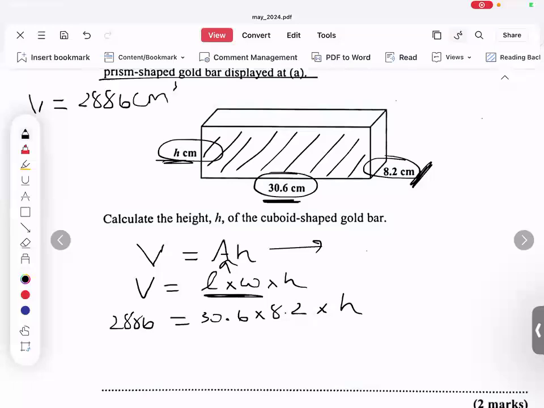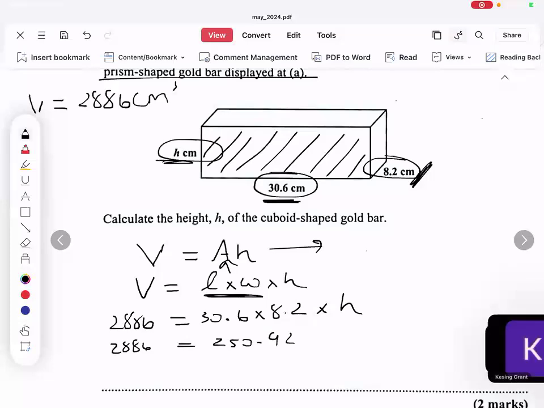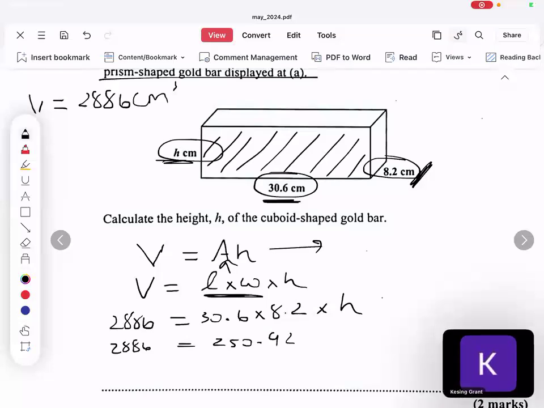So go ahead, guys, and multiply 30.6 times 8.2. That gives 250.92, times h. Now the only way to get rid of the number from beside the h, as we've said repetitively, is to divide by that number. Cancel that.